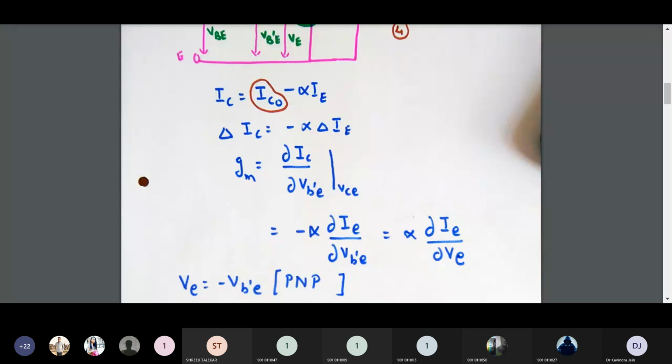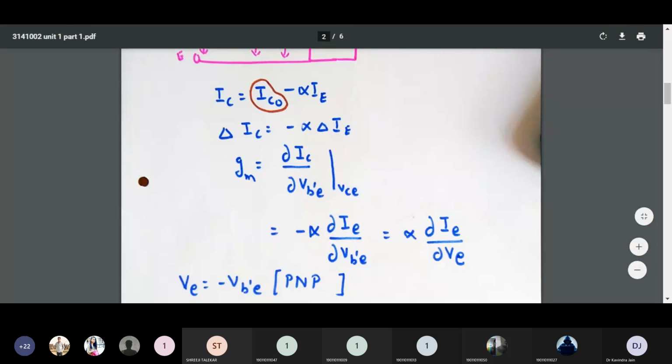So the new formula for gm, that is transconductance, is alpha delta IE upon delta VE. I hope you are understanding it. I repeat again, the negative sign is removed because we were having a PNP transistor over here. In case of an NPN transistor, it is directly equal to VE.